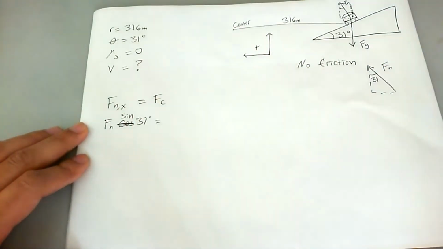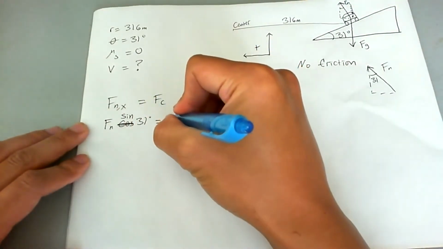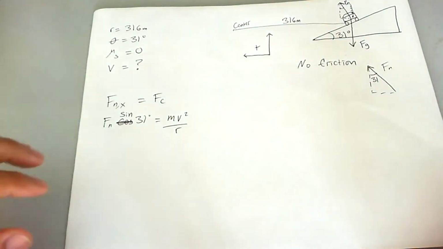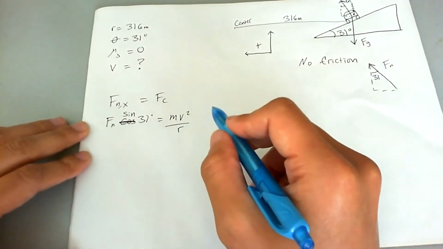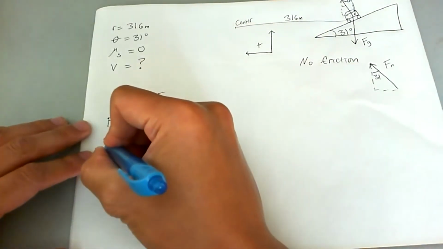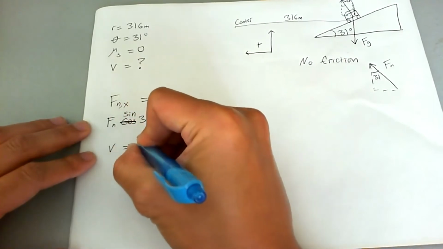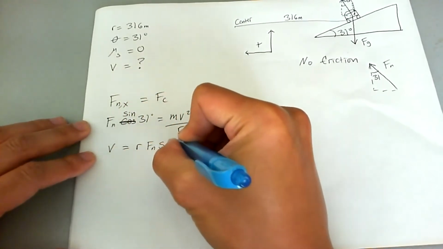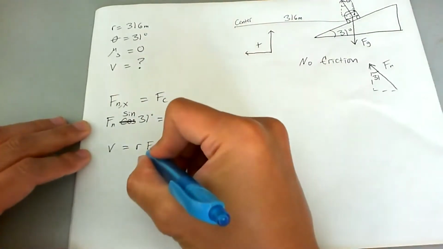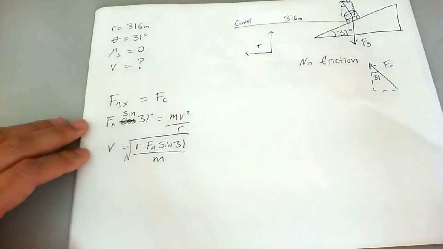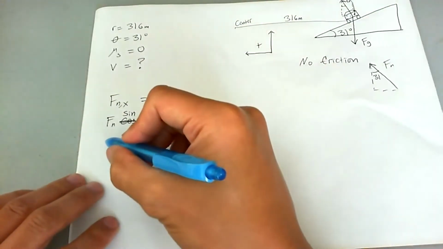And that's going to equal the centripetal force, which is just mv squared over r. Let's solve for v, assuming that we know everything. V is then going to be the square root of r times normal force times sine 31, divided by m.